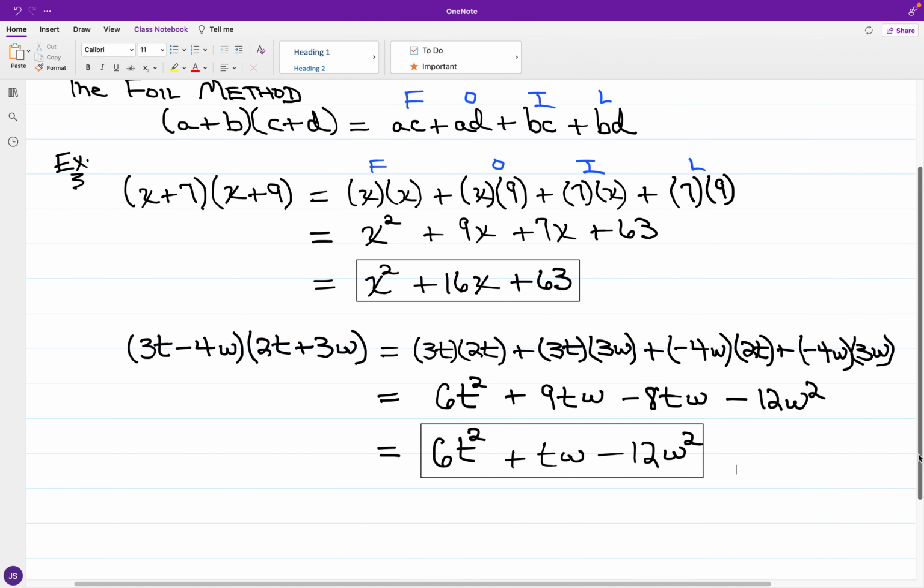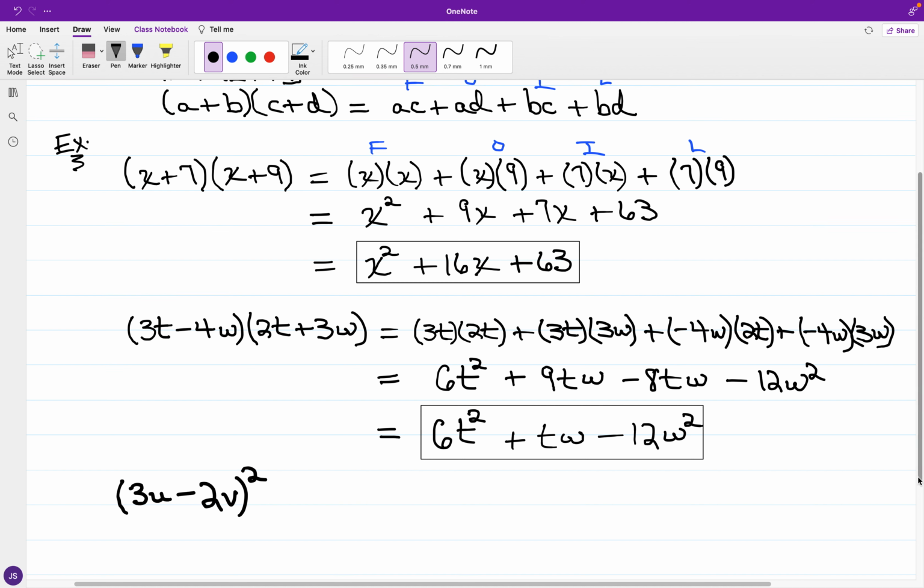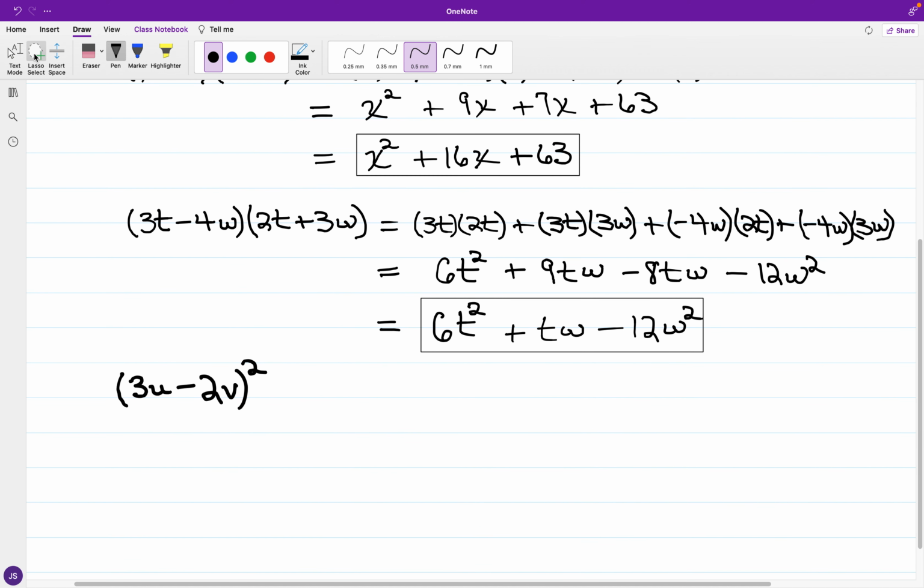Now, a special case of what we have regarding the FOIL method. Let's say we have 3u minus 2v squared. Notice we have a single expression, but with the raised power expressed, the second degree.